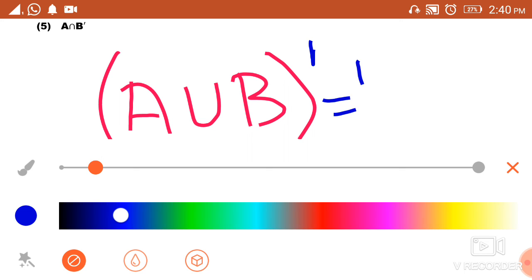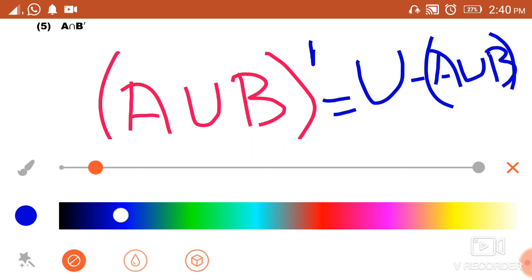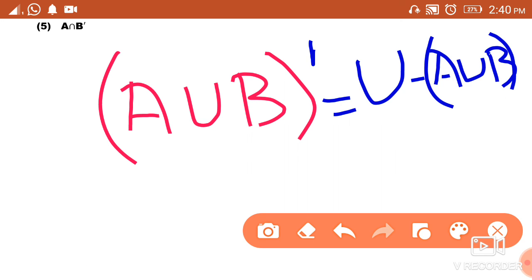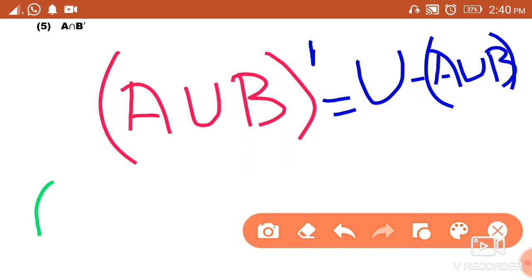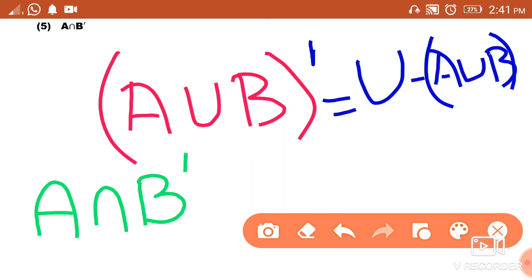It was like the universal set minus A union B. But in this question, it is written as A intersection B complement. The complement is only on set B.